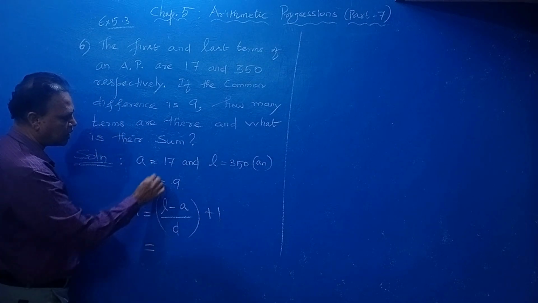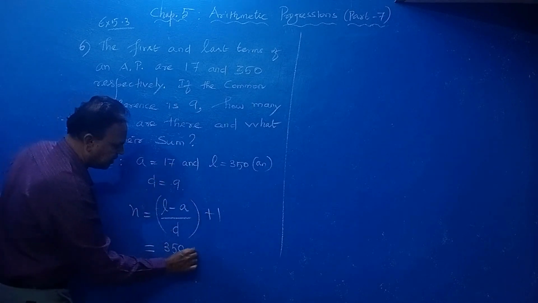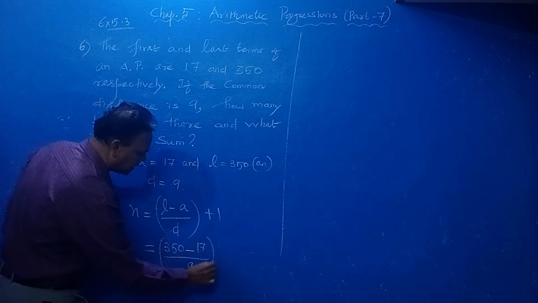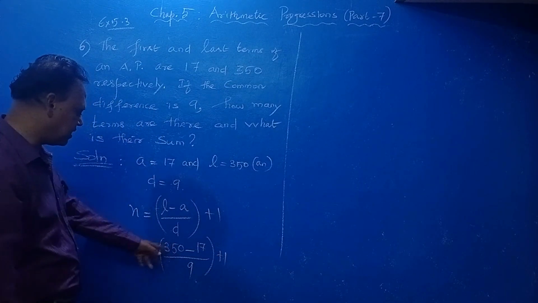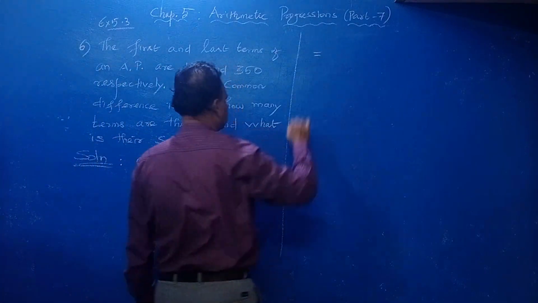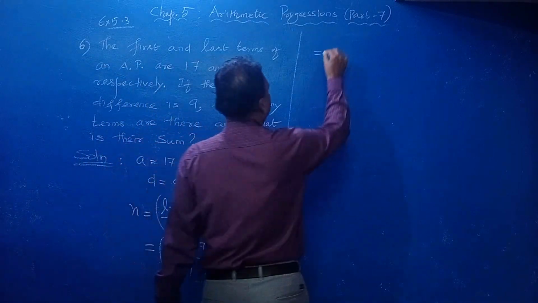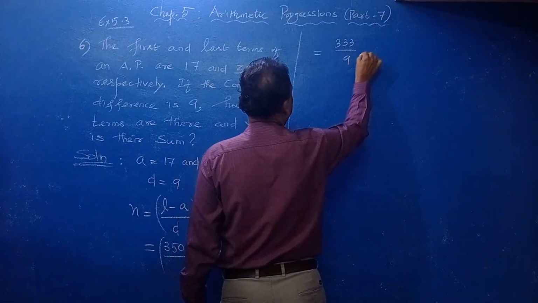Clear? So last term is 350 minus 17, divided by 9, plus 1. So how much will you get? 350 minus 17 means 333. 333 by 9, plus 1.